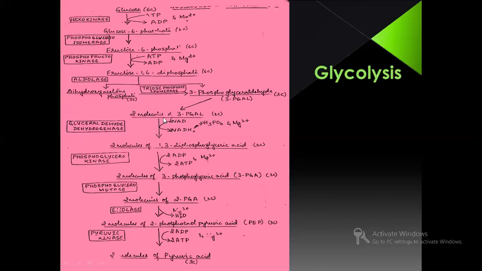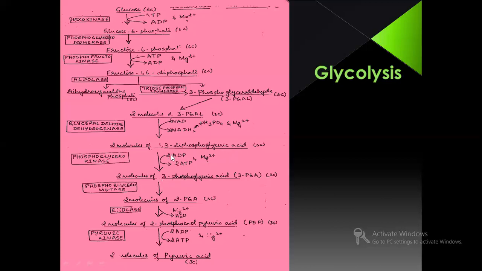So what's happening here? Two molecules of 3-phosphoglyceraldehyde are oxidized, or hydrogenated, into two molecules of 1,3-diphosphoglyceric acid, and later these two molecules are further converted into two molecules of 3-phosphoglyceric acid.